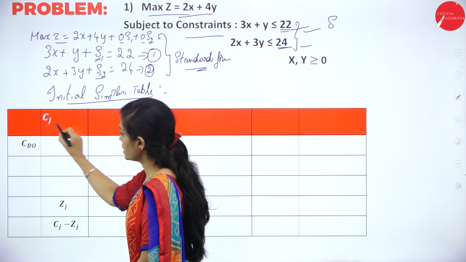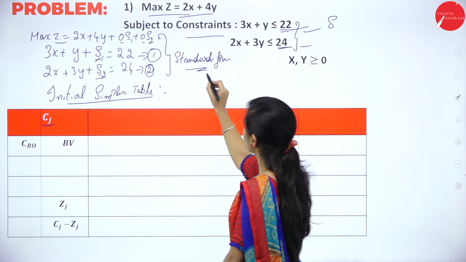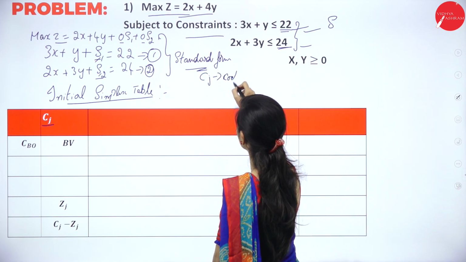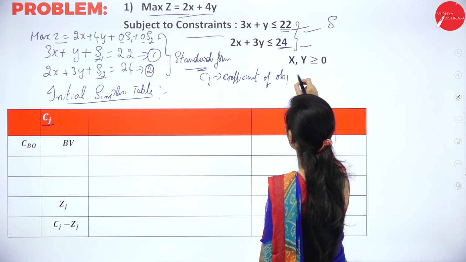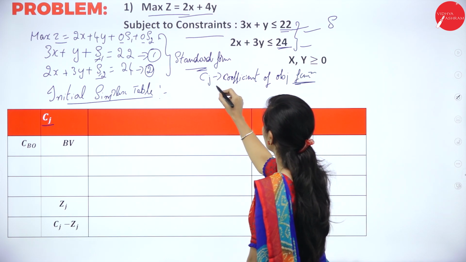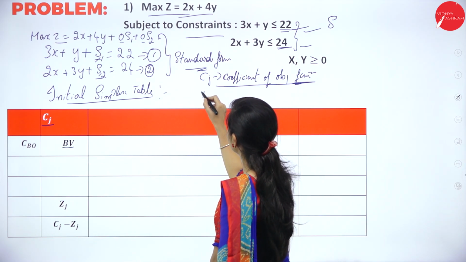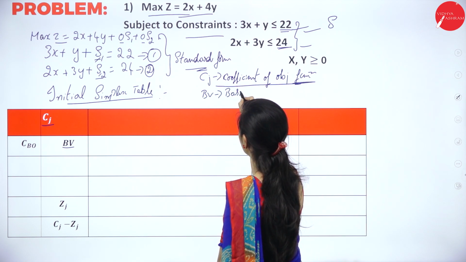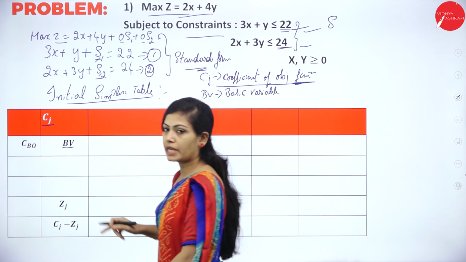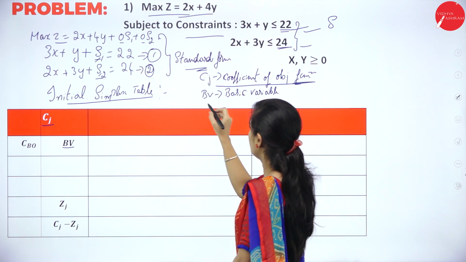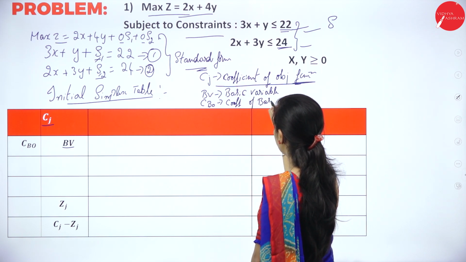In the table I have written Cj, which stands for coefficient of objective function, and BV stands for basic variable, and CB stands for coefficient of basic variable.